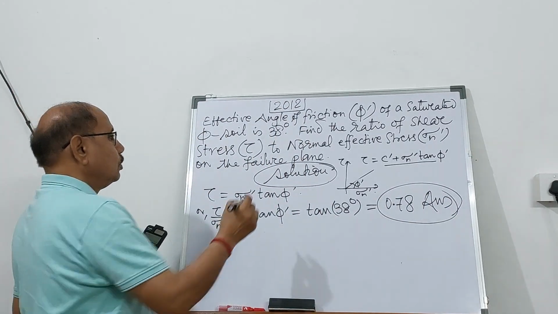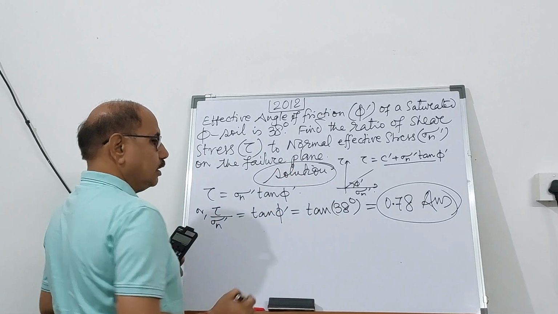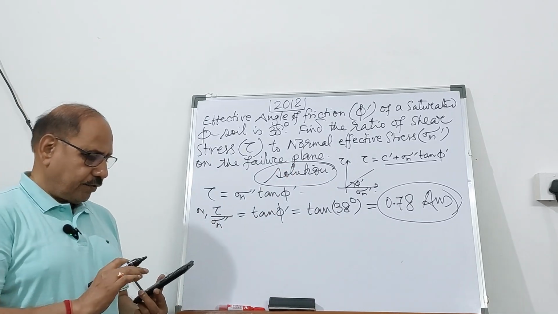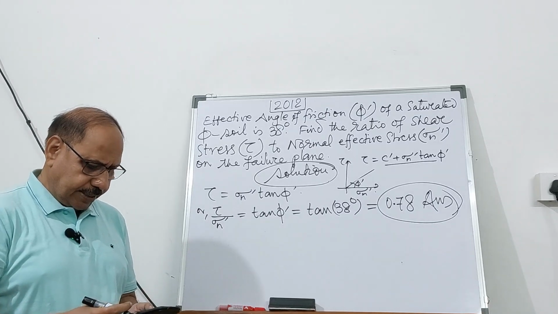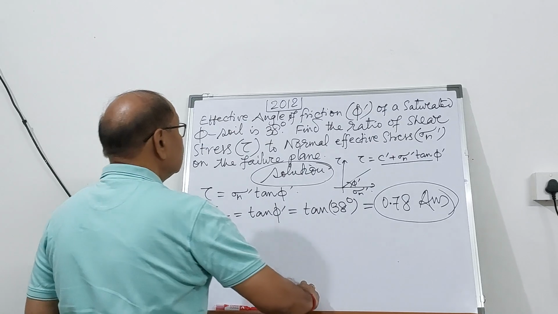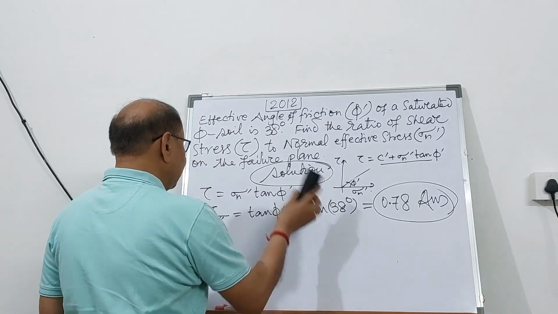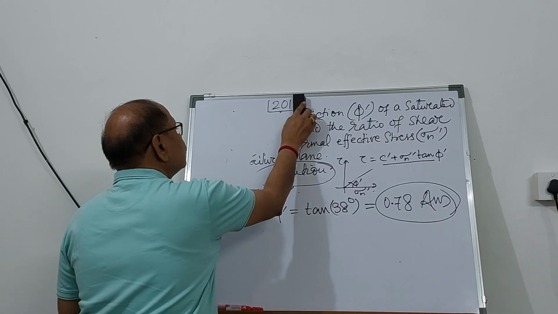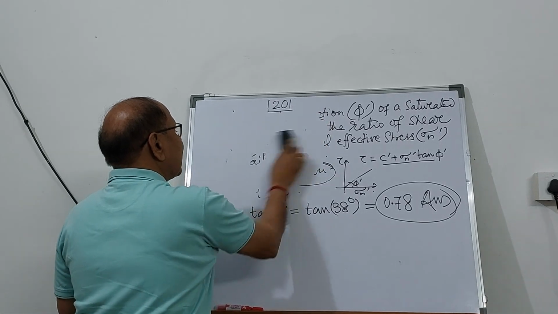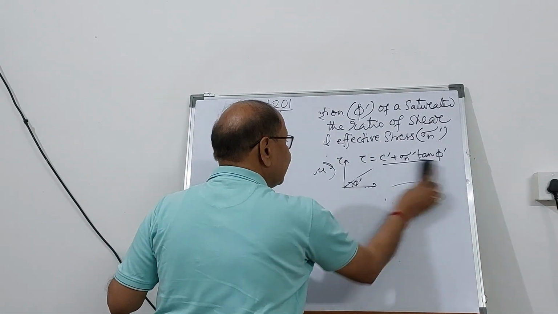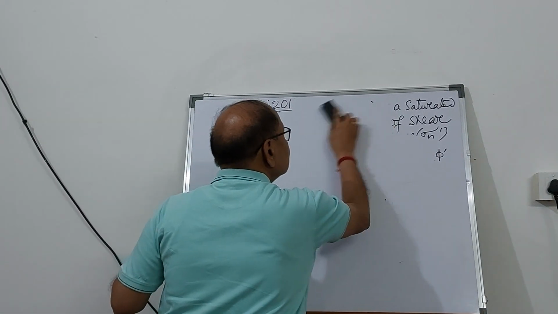So this is quite simple. Now we can go to the next problem again. So various combinations I have chosen so that all types of problems you are exposed to, and theory you already know.